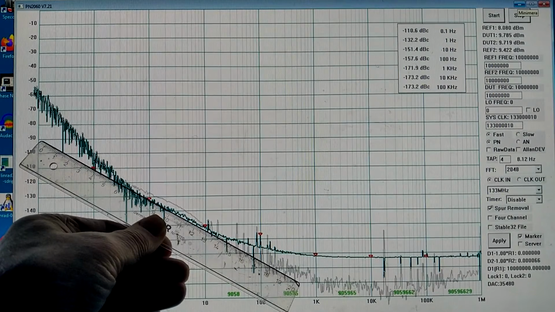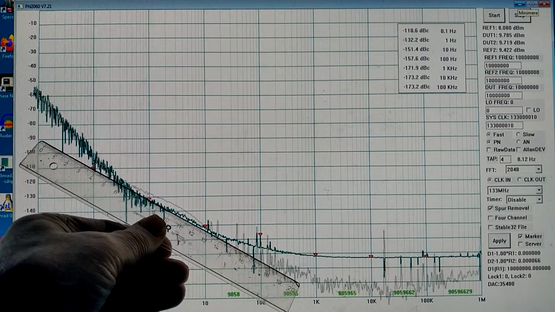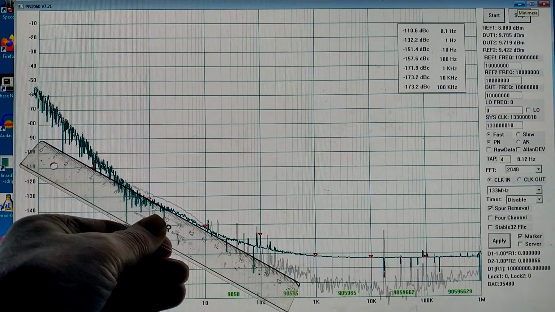I think that is the noise from the Wenzel oscillator that is no longer eliminated by the trick of having the same signal through the amplifier as for the reference on the PN2060.